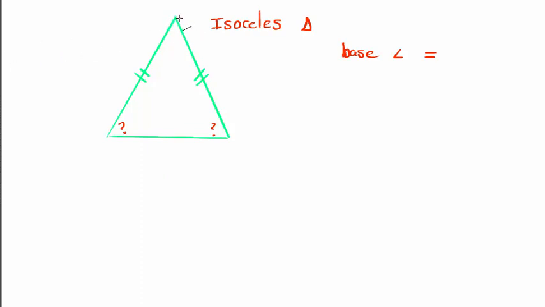We'll drop a perpendicular line here. And then what will we do? 90 degrees. So then we know this is 90 degrees. But let's quickly think of how I'm going to show that these two angles are equal. What is the spirit of my proof going to be?